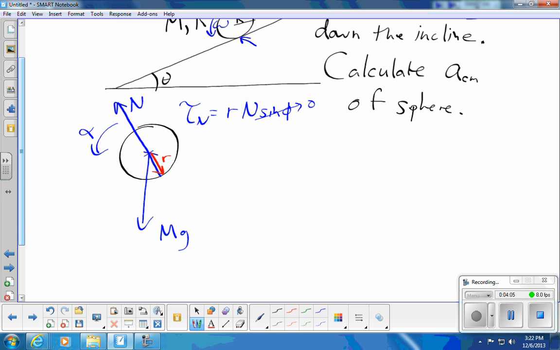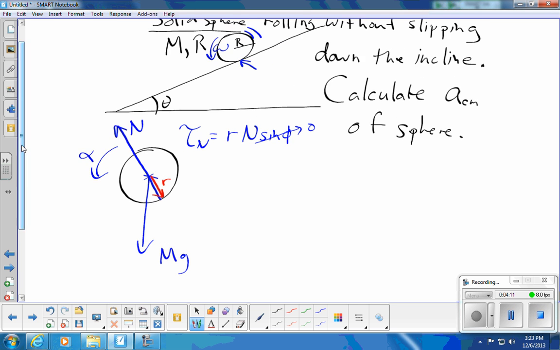So there has to be another force, and that force is static friction. Remember that this thing is rolling without slipping. There's no kinetic friction. But if you visualize this thing rolling faster and faster and faster, the reason it's being made to roll is because the bottom is gripping the surface. And instead of sliding, it's gripping.